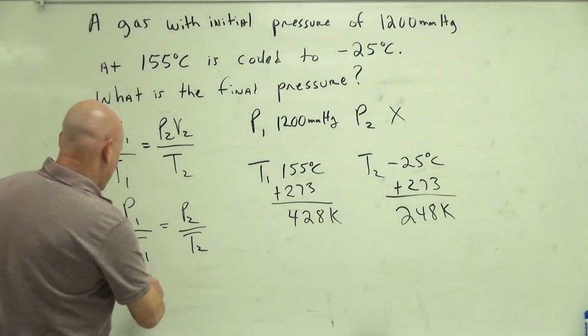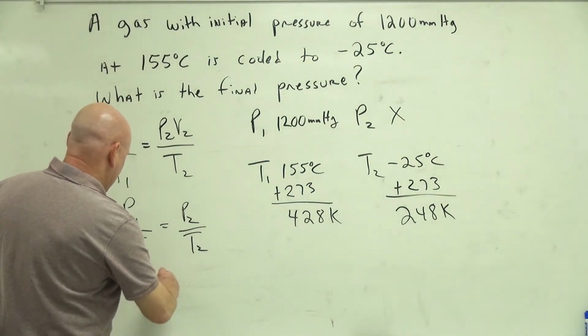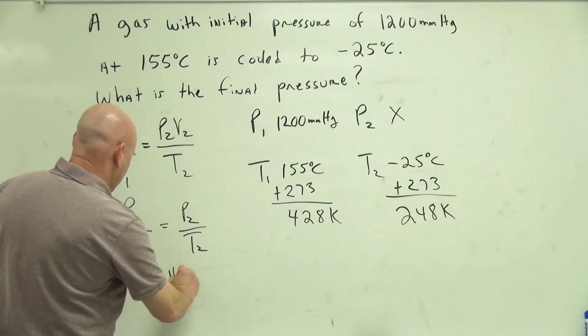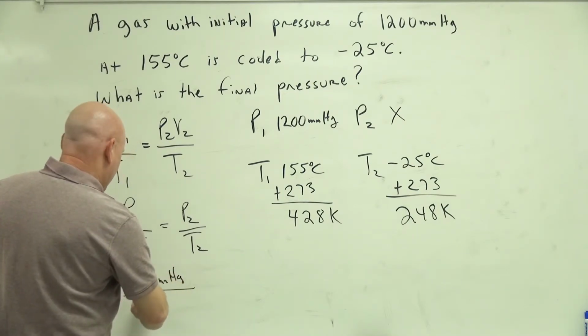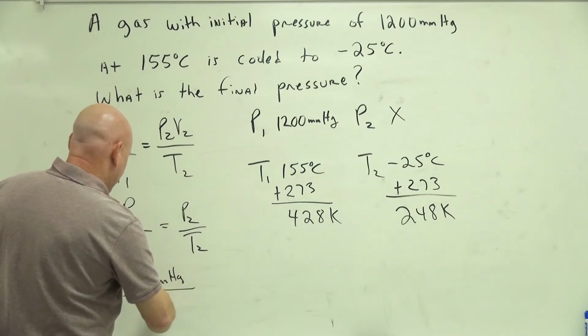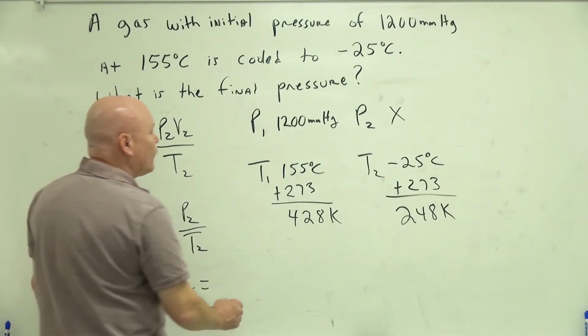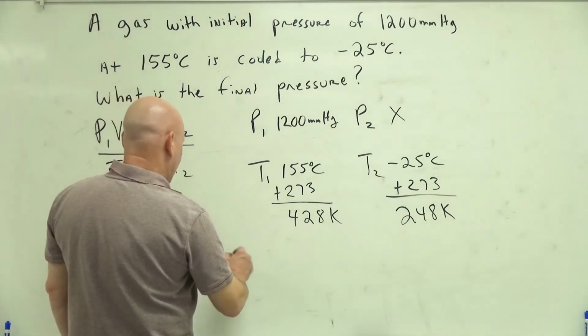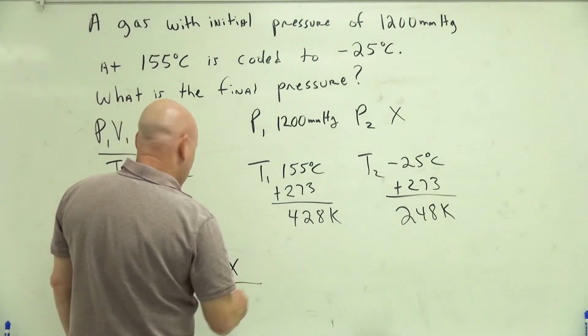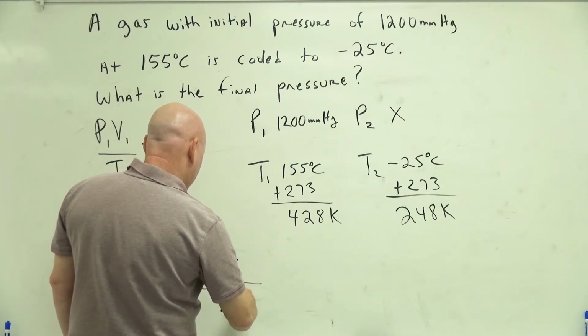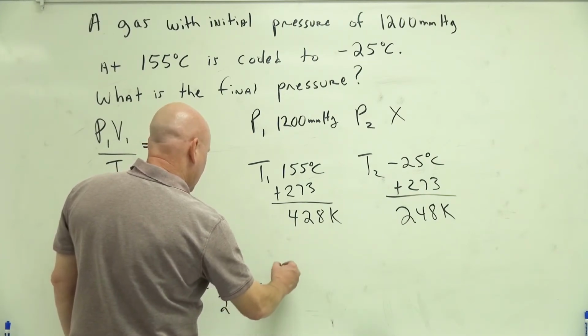P1 would be 1200 millimeters mercury. We have T1 as 428 Kelvin, and that's equal to the second pressure, well, we don't know what that is, and the final temperature, which is 248 Kelvin.